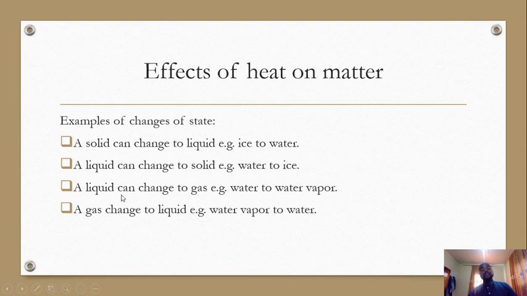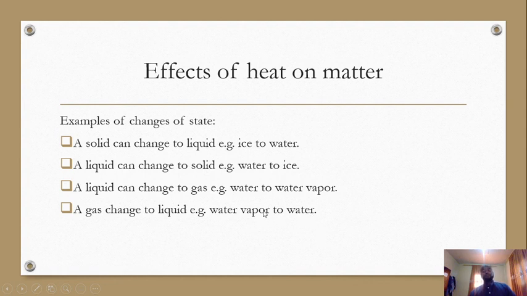A liquid can change to gas. If you boil water to higher temperatures, it will become gas, water vapor. Water vapor is the gas form of water. A gas changes to liquid, water vapor to water. If you cool down the water vapor, it becomes what?